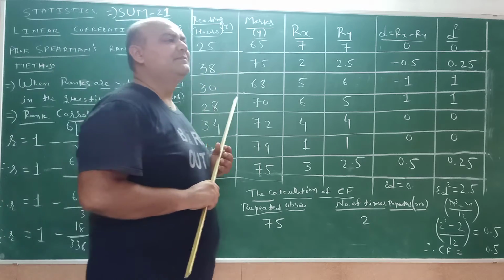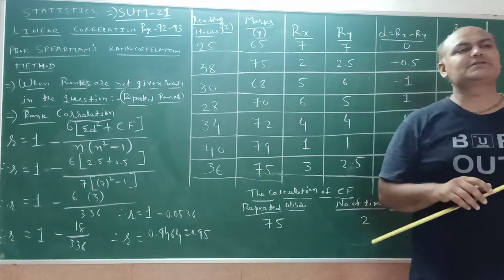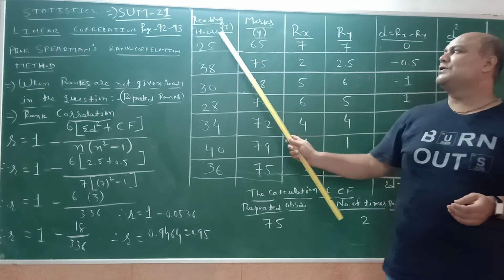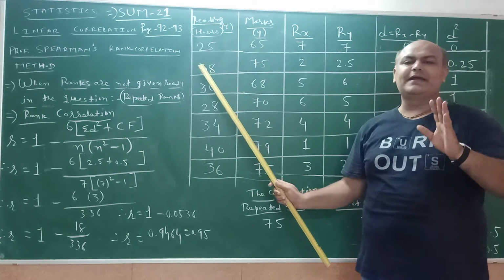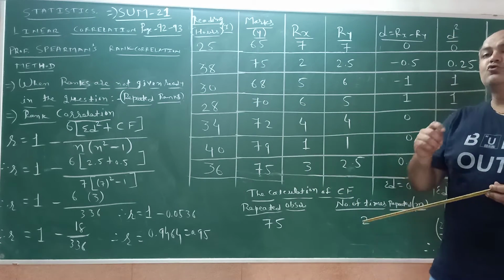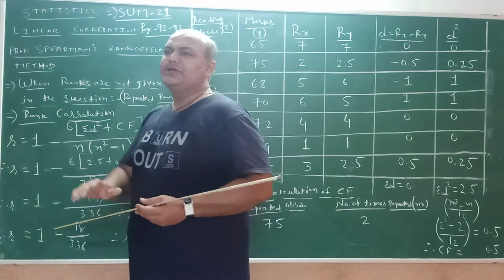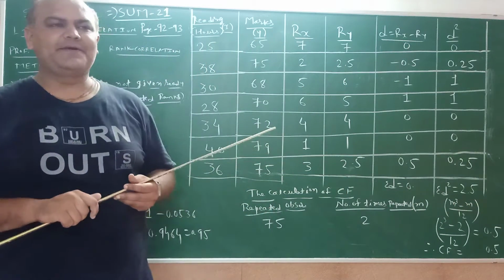In the previous sum they provided ranks ready, but in this particular sum, as you can see, they only provide the variables, reading hours and marks. First of all, we have to provide the ranks. Additional four columns we have to prepare.